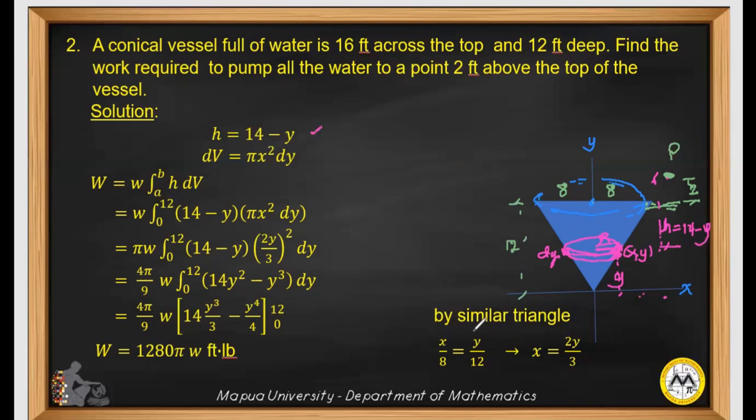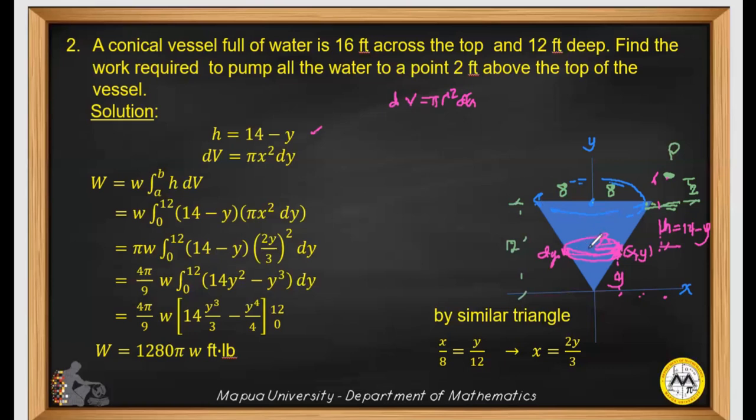Now, what about the differential volume? dV is equal to, take note that the radius is equal to x. Since the volume is equal to pi r squared times the thickness, or the height, then the differential volume is equal to pi r squared times the height.